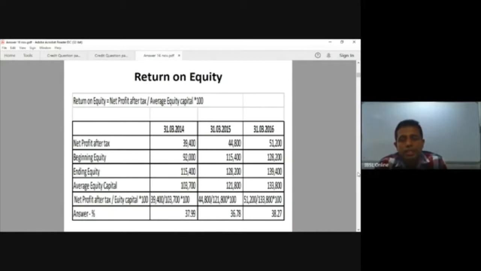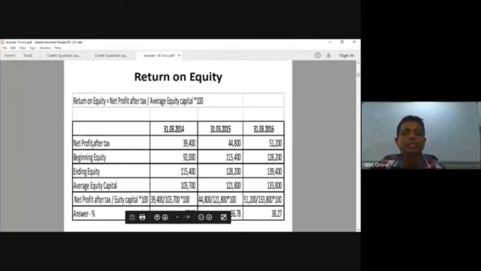This ratio is that category of ratio, return on equity, one item from the income statement, the other item from the balance sheet. Therefore, for the item from the balance sheet, we have to take the average, right? Net profit after tax, you can straight away take from the income statement. We have used net profit after tax in the previous calculation also.